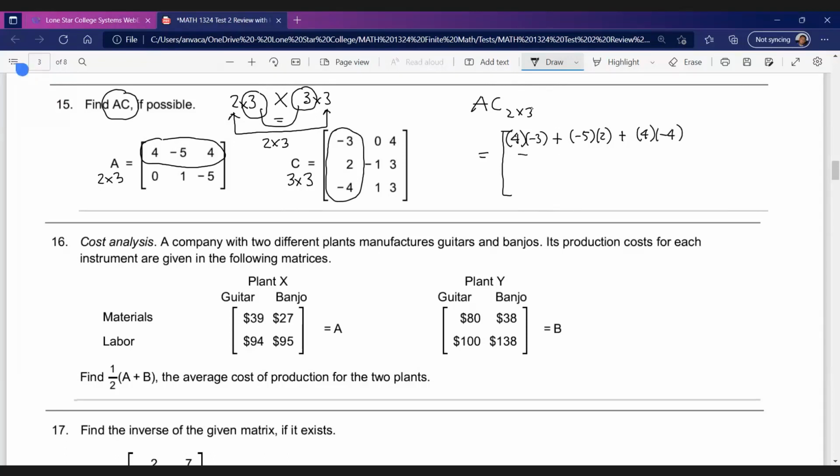And so we have negative 12 minus 10 minus 16, and we get negative 12 minus 26, which is equal to negative 38. So the very first entry of the product A times C is going to be negative 38.